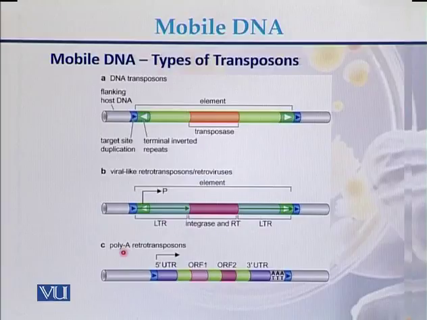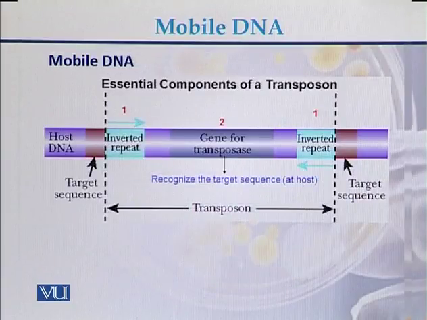The third type of transposons is poly-A retrotransposons. Here we can see that there is poly-A. So these are the three main types of transposons: DNA transposons, viral-like retrotransposons, and poly-A retrotransposons.